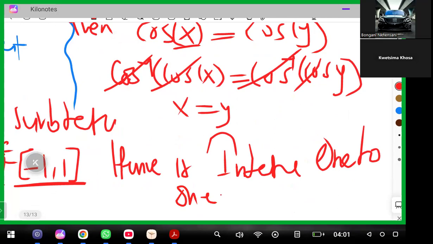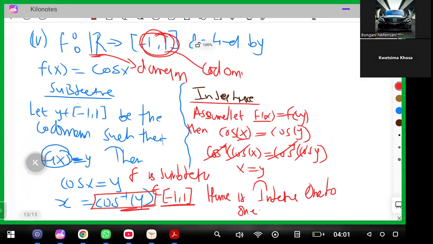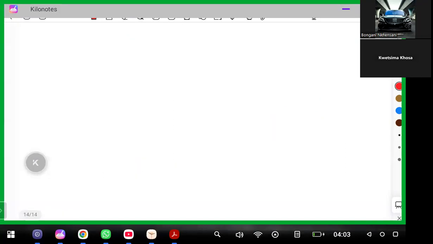So that's it about composite functions. The only thing that will be left on this topic is to find the composite.